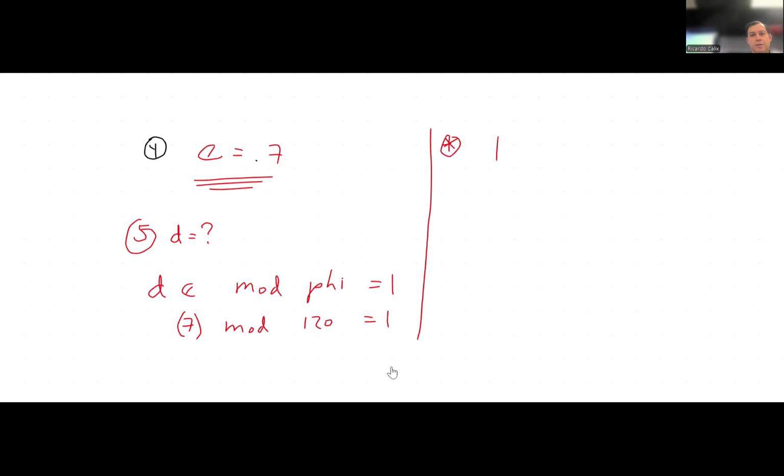To find D, you will need to use something called the extended Euclidean algorithm, or EEA, which stands for the extended Euclidean algorithm.